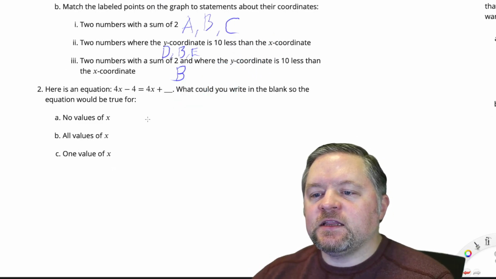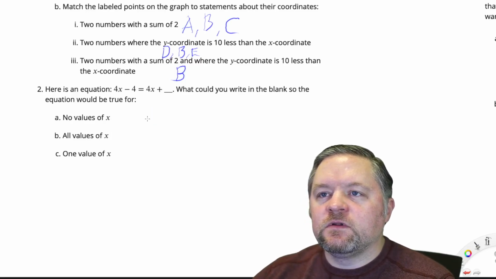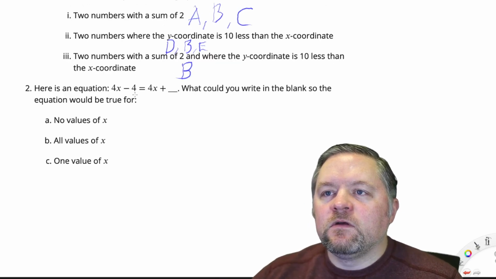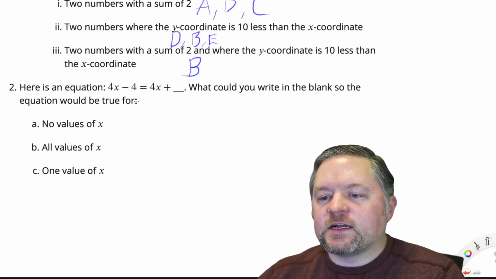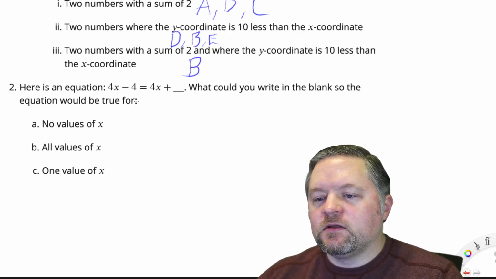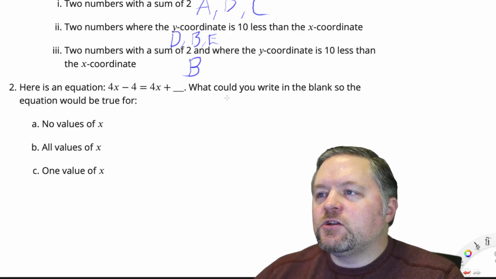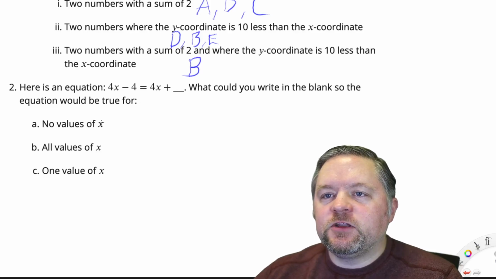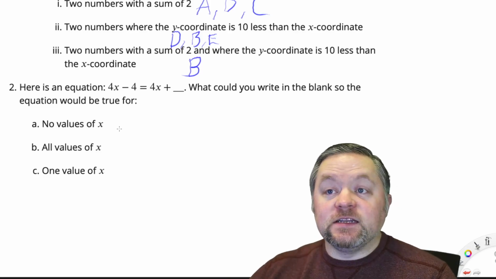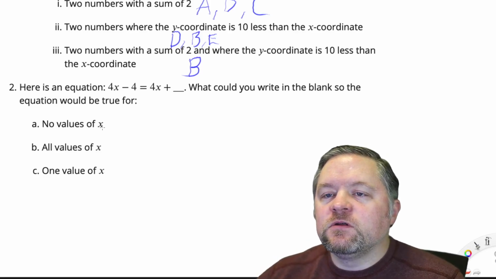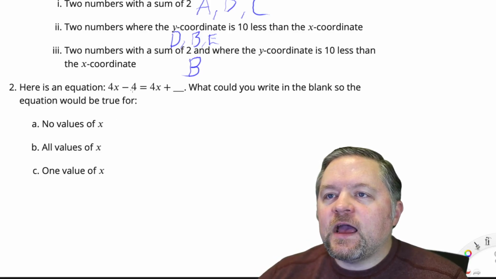Here is an equation. 4x minus 4 equals 4x plus what? What could you write in the blank so the equation would be true for no values of x? So for this to never be true, what would have to go in here?